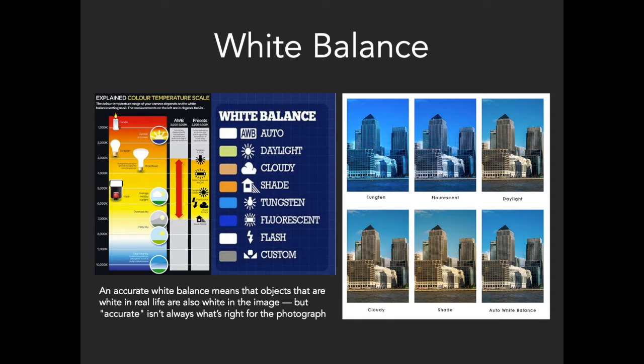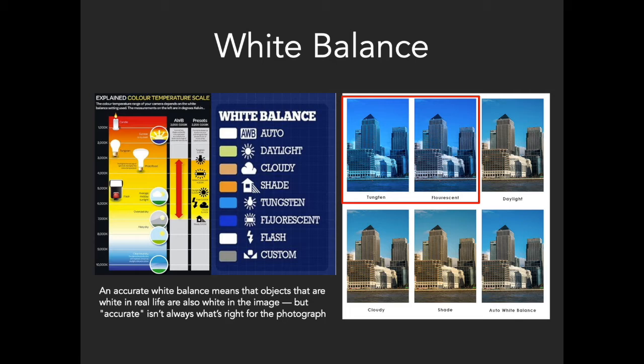Using the Kelvin scale to skew the white balance to the more orange creates a warm feeling in an image, creating a look similar to shooting near sunset. On the other side, adjusting the white balance towards the blue creates a cooler look, often used to create a somber mood in a photograph.